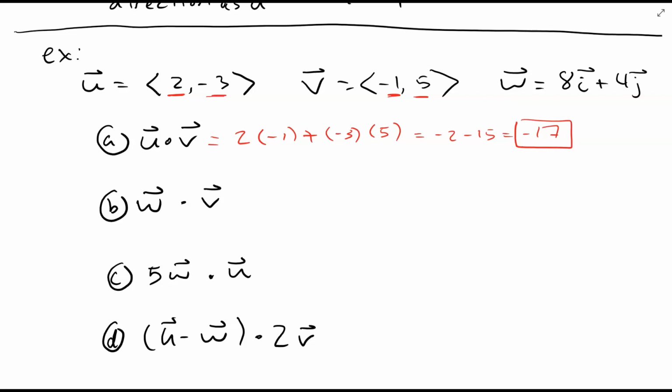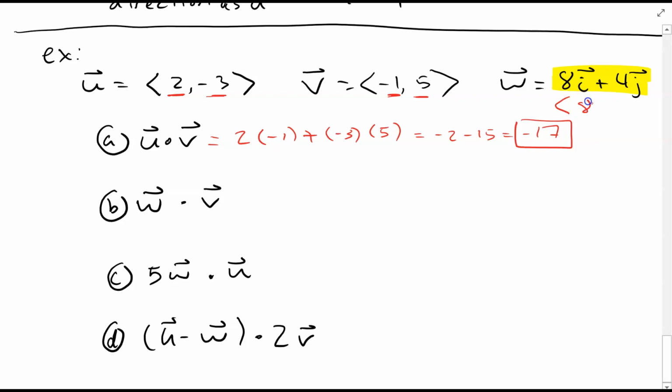Next up, we're asking to do the dot product of w and v. Now, w is written weird because I don't define what i and j are, right? The reason I don't define what i and j are is because these were the standard unit vectors. They're always the same vector. These are things that are like facts that we'd want to remember. i is the vector (1, 0), and j is the vector (0, 1).